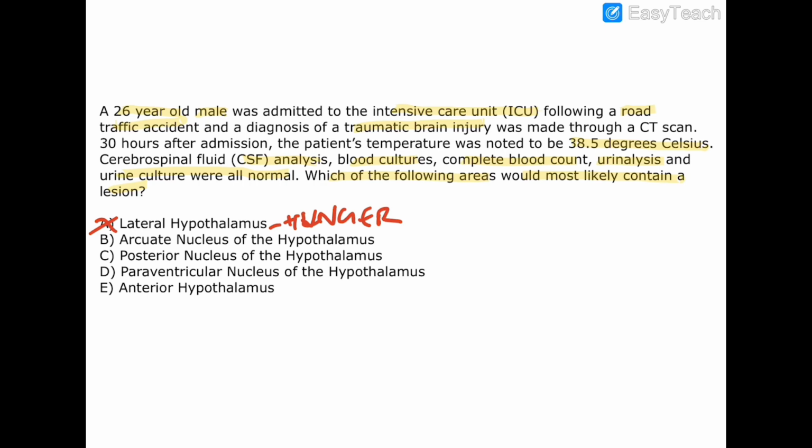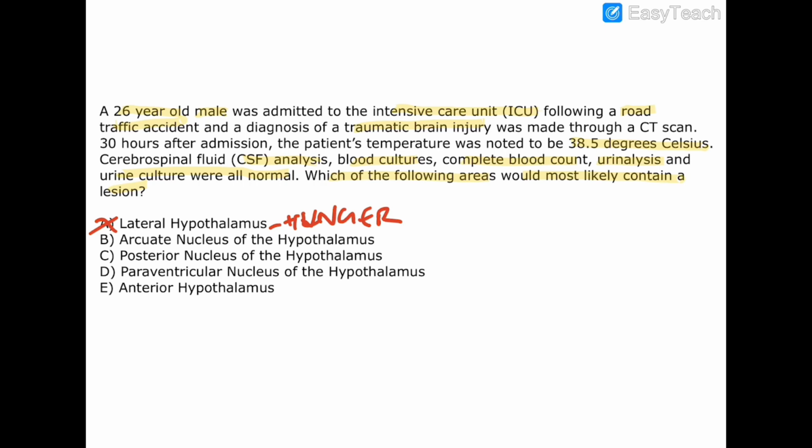Next, we come to the arcuate nucleus. Now the arcuate nucleus is actually a complex structure. It is a collection of neurons that secrete various neurotransmitters and neuropeptides, so it has a multitude of functions. It also does have a function in food intake.